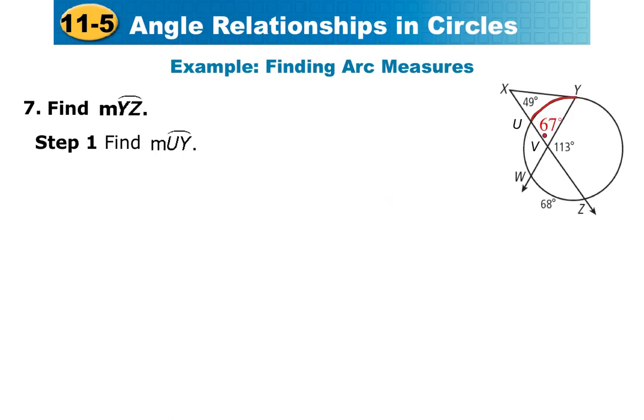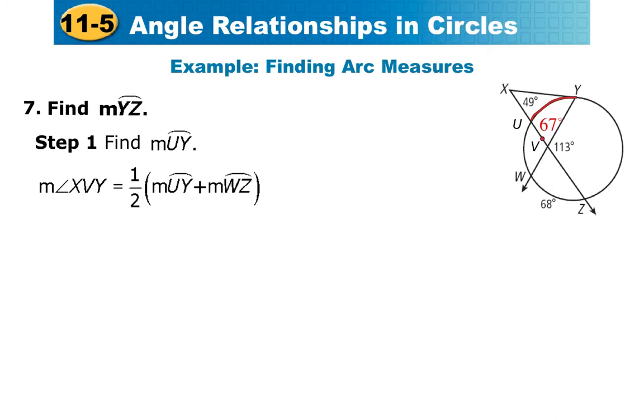Well, first of all, going back a little bit, you should be able to see why this is 67 degrees. This is a line, this is 113 degrees. So these 2 angles form a linear pair because it's a line. So they have to be supplementary. That's how we end up with 67 degrees. So, going back, this is by applying theorem 11.52.